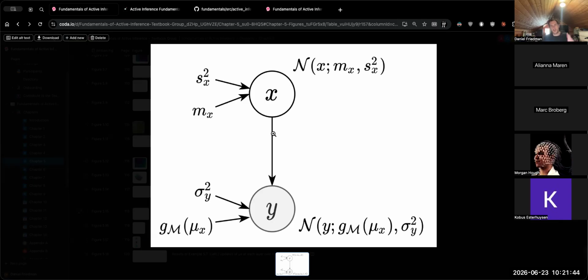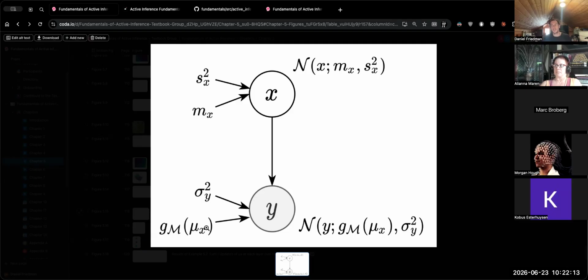Then there's this causal direction arrow where x is going to emit observations y, which are shaded in gray. Observations are going to be parameterized by two features. They're going to be parameterized by this g sub m of mu of x, which is the generating function.